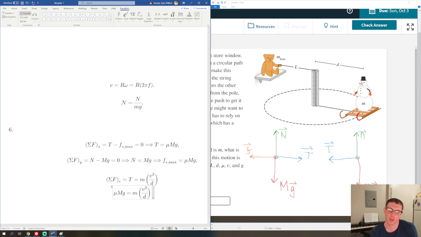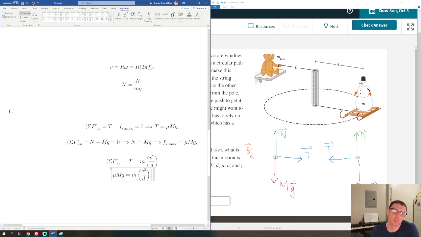So the final thing to just remind you of is that when I set this up, I said that I'm not going to call the mass of the bear m sub bear because I think it's stupid to write a subscript that is an entire word. I just called it big M. So what we want to solve here is big M. And I think that you probably all see how to do that at this point, right? It's just a matter of dividing both sides by mu g. And that should be the answer that you put in.